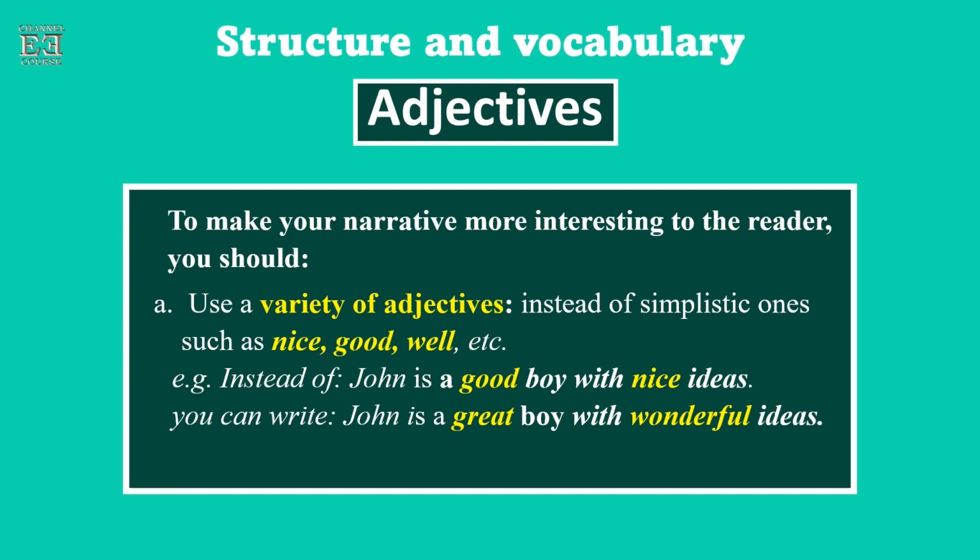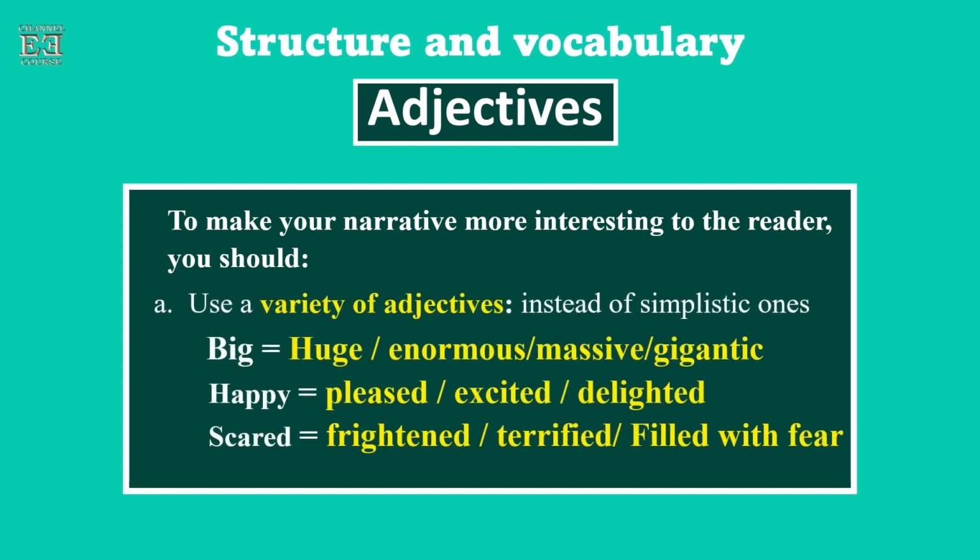Other adjectives such as huge, enormous, massive, and gigantic should be used instead of the simple adjective big. Pleased, delighted instead of happy. The word scared can also be expressed in a more interesting style using frightened, terrified, or the phrase filled with fear.